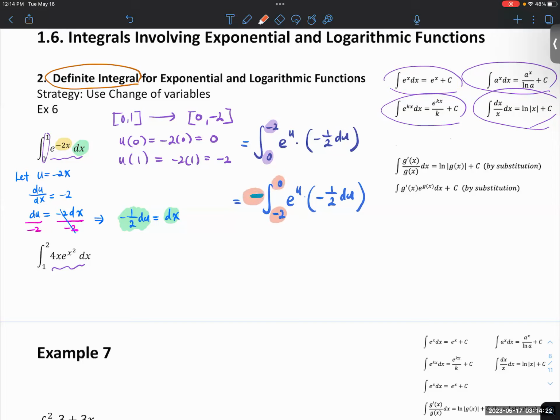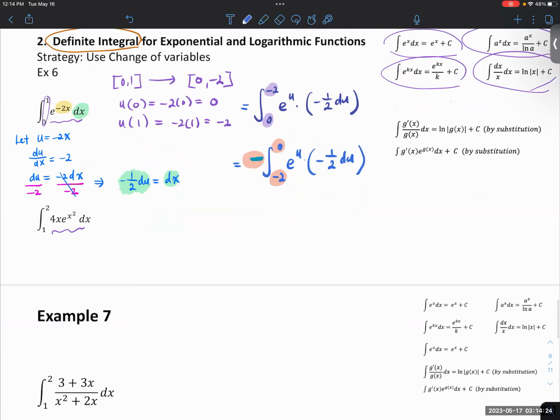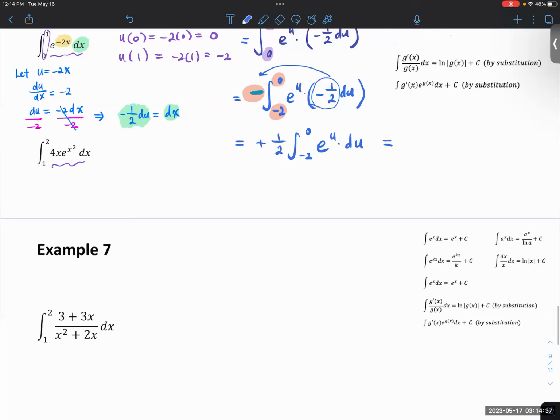Got you. We good. So now I'm going to bring all the information. This negative, I'm going to bring to the front. So double negative changes to positive 1 over 2, negative 2 to 0, e to the u du. So when you take the integral of e to the u, same thing: 1 over 2, e to the u from negative 2 to 0.